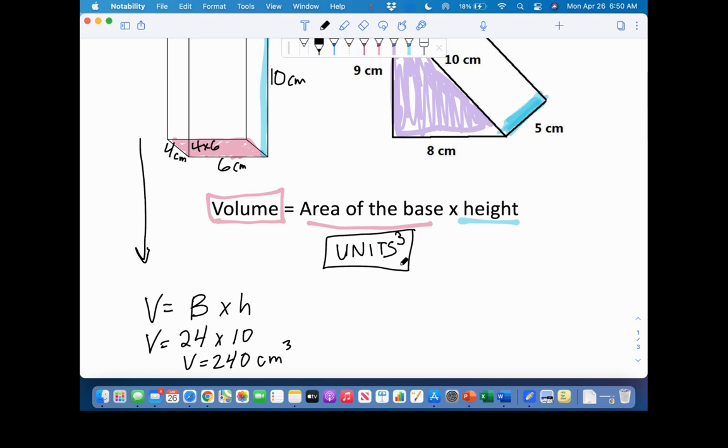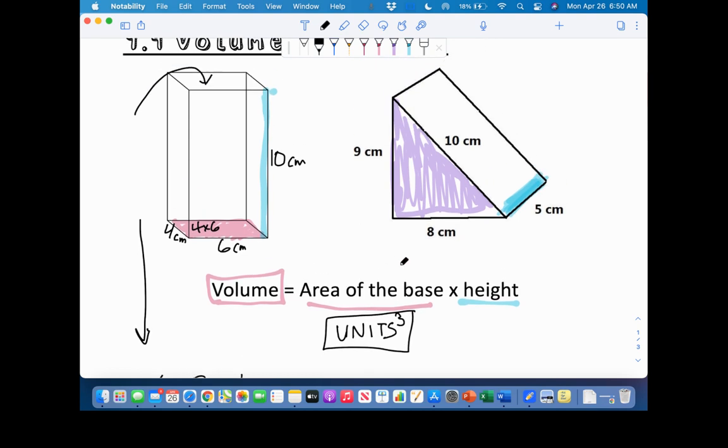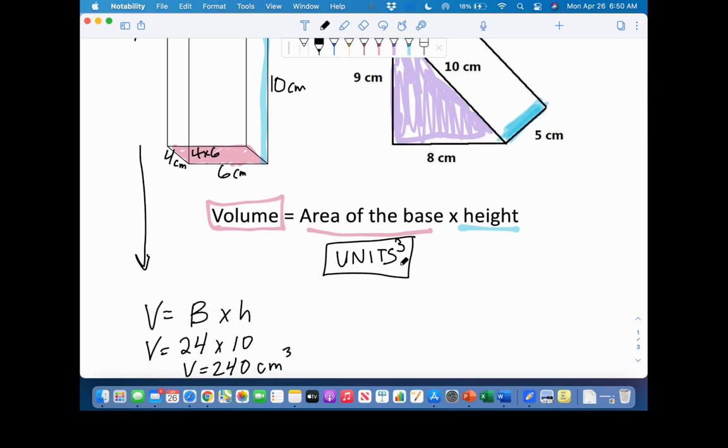Area is 2 dimensions, length and width, and so it's squared. Volume is 3 dimensions, so it's cubed. You can see that with these rectangular prisms, it really ends up just taking the 2 numbers on the bottom and the number on the side and multiplying them. Just thought I'd point that out.